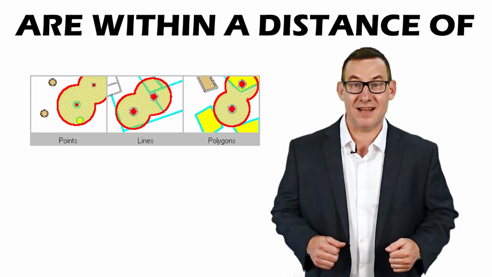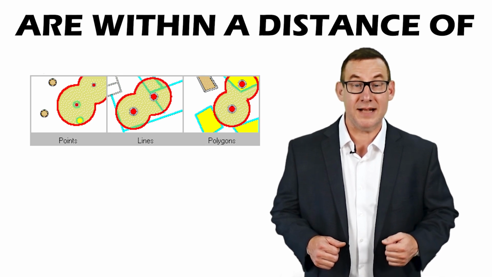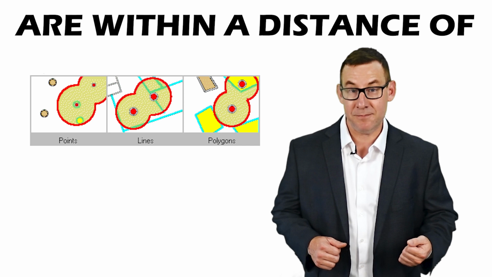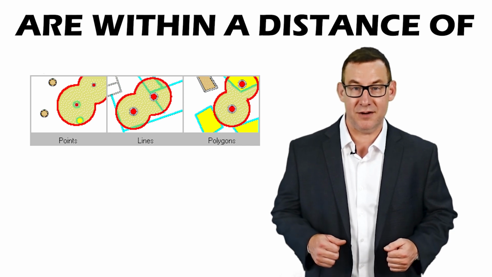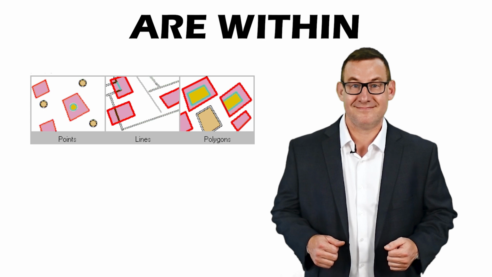Are within a distance of. The are within a distance of parameter creates buffers around the bounding layer and selects features within those areas. Are within.